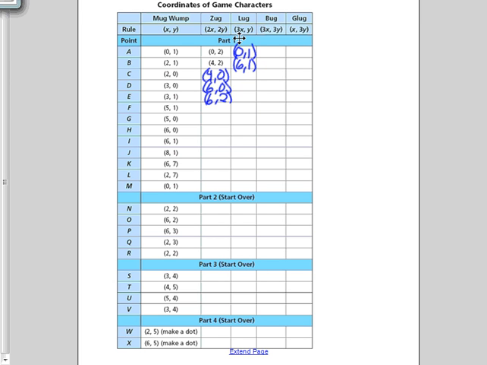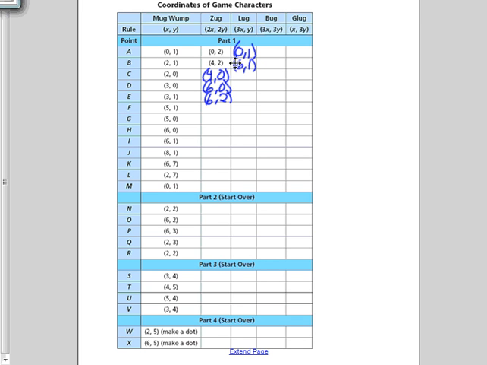For Lug, the rule is 3x and then just y. Well, y tells us don't multiply times anything, so all of these second numbers stay the same. And you can see that right here, 1 and 1, 1 and 1. But the x is when we multiply times 3.